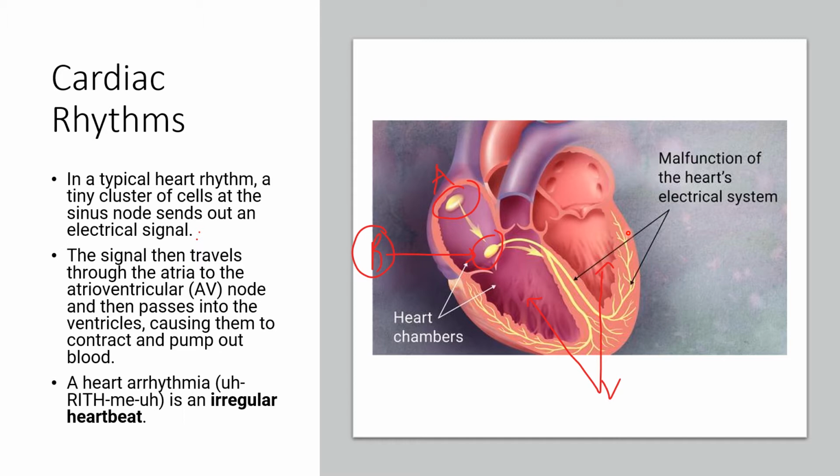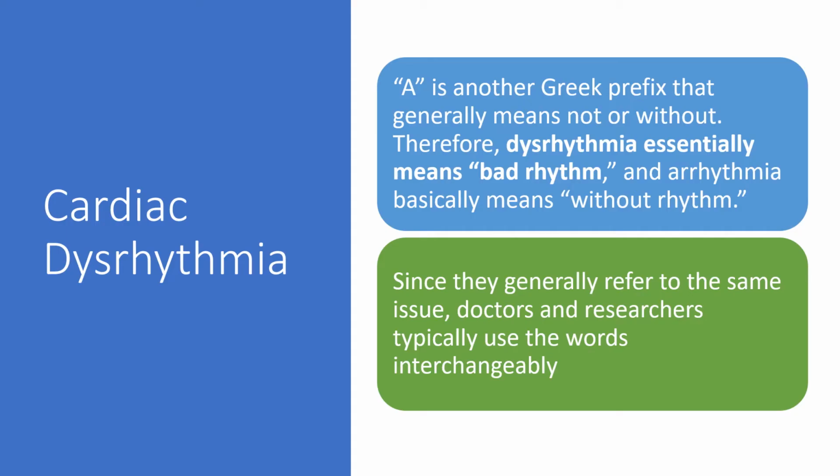A heart rhythm is called arrhythmia if it is an irregular heartbeat. So we will talk about dysrhythmia and we'll talk about arrhythmia, which are sometimes used interchangeably. The letter A is another Greek prefix that generally means not or without.